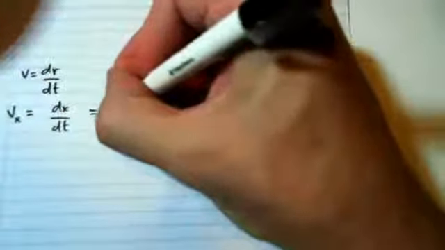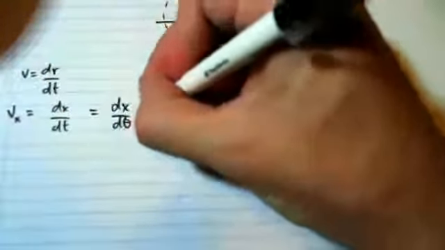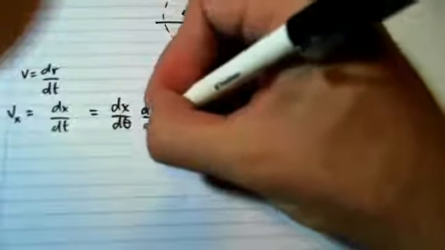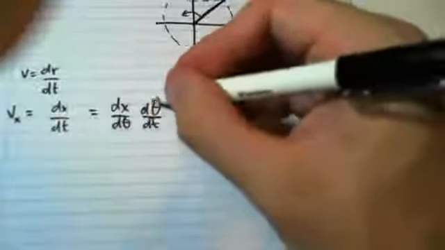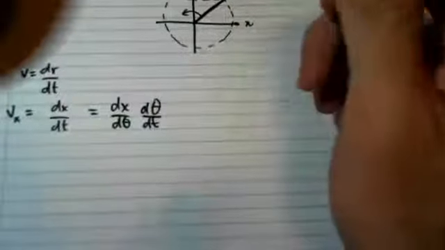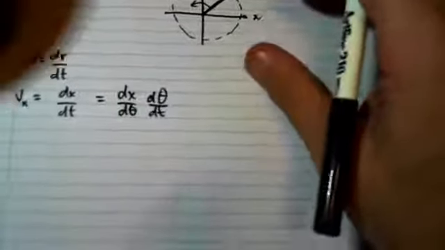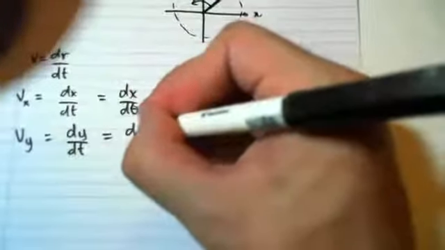And this is going to be in the x direction: dx on dt, which is equal to dx on d theta times d theta on dt, where this d theta on dt term is the angular velocity, which is also represented by omega. Our vy term is going to be done the same way, just represented by a different term.